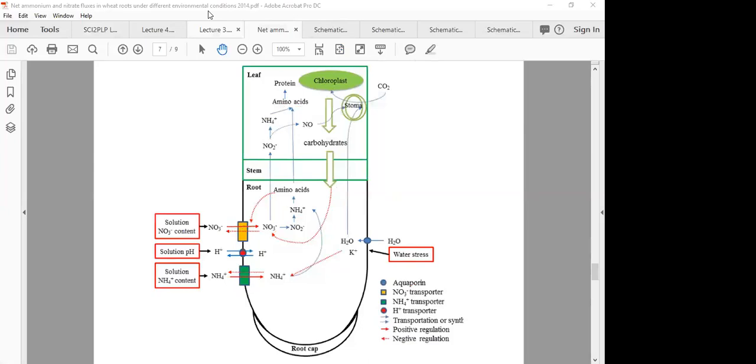The plant's got lots of these different regulatory mechanisms. So if the plant can make plenty of carbohydrates and it's got plenty of nutrients, then why would it expend energy on actively moving nutrients into the roots when it's not actually required?